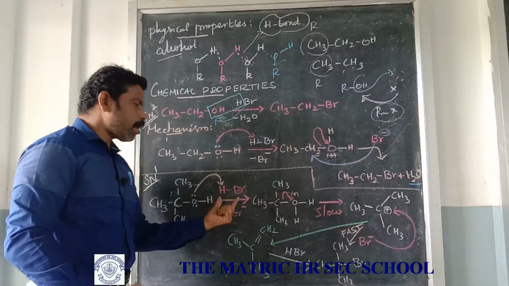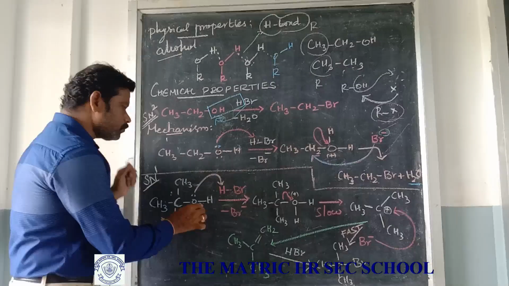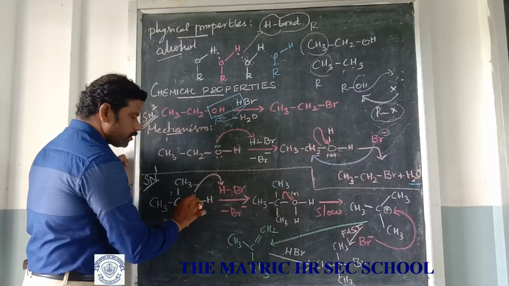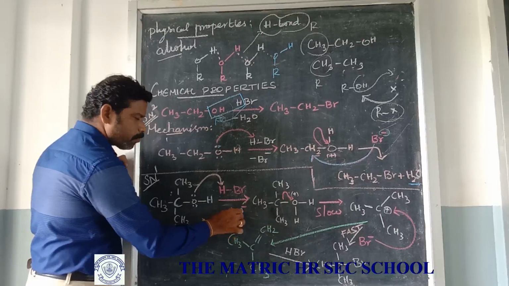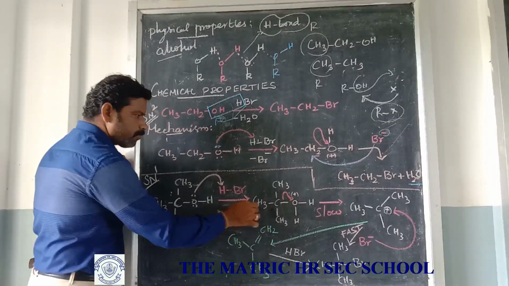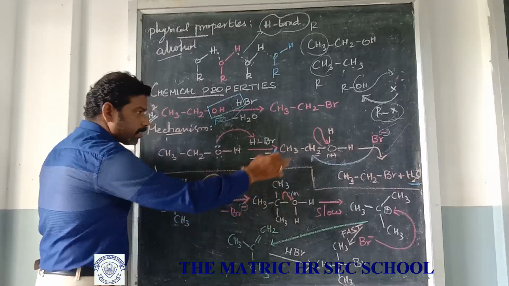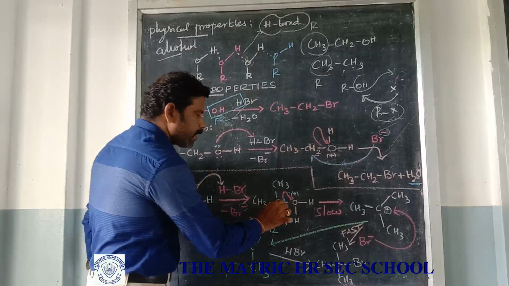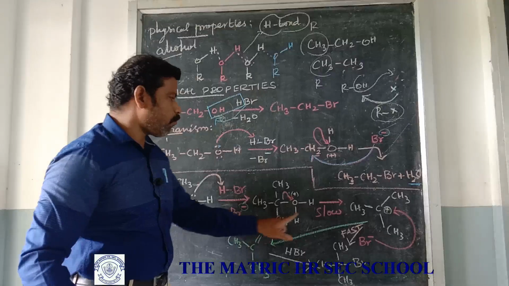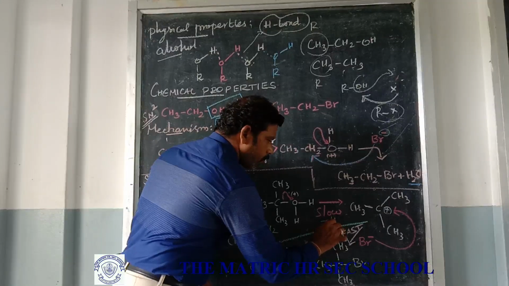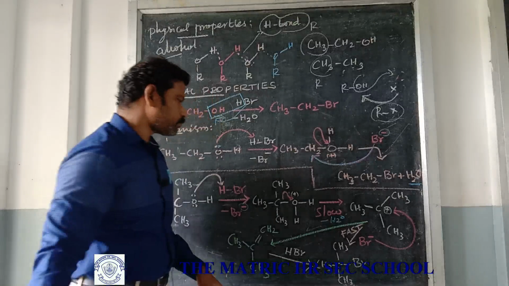We will add the same hydrobromic acid. The pair of electrons is donated to the hydrogen, and bromine is released as a bromide ion. So we get the intermediate compound. In the same way, the electrons are accepted by the oxygen, and water, H2O, is eliminated.